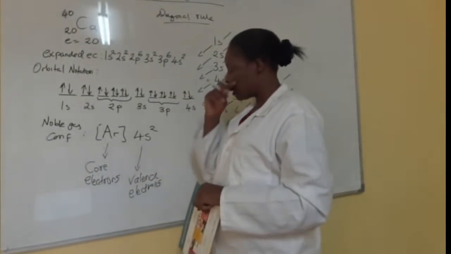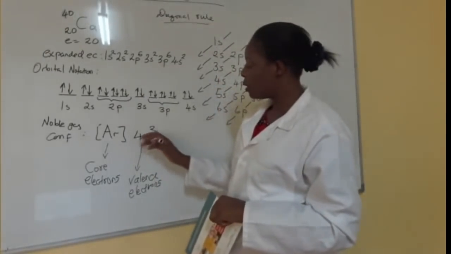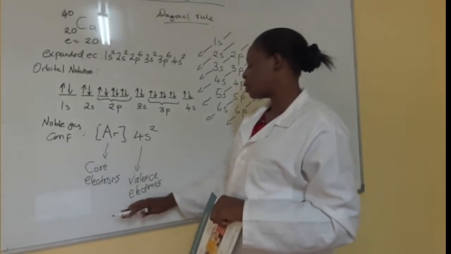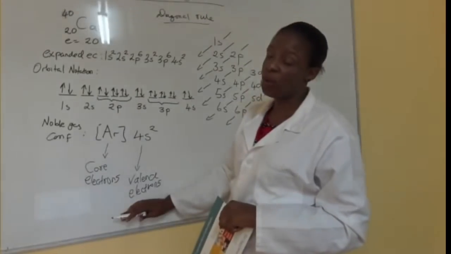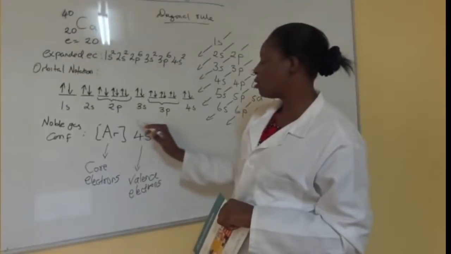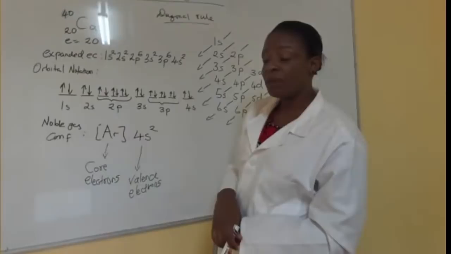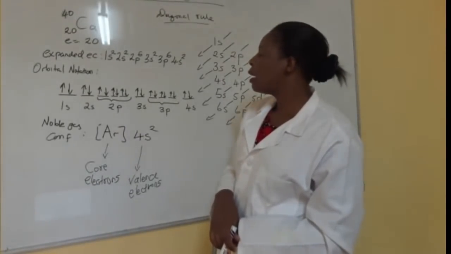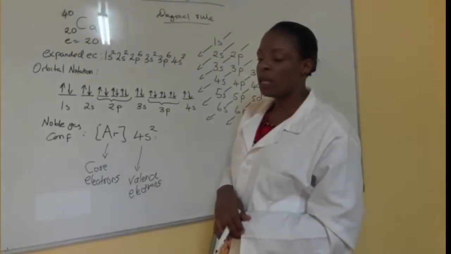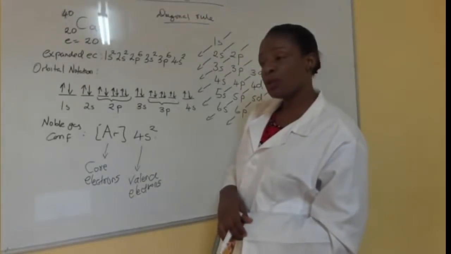And you remember when you were learning about bonding, you note that the electrons which are used are the electrons in the valence shell, which is the outermost shell. So this is the valence shell. So even when calcium is reacting with another element, it's these electrons which are used in bonding.